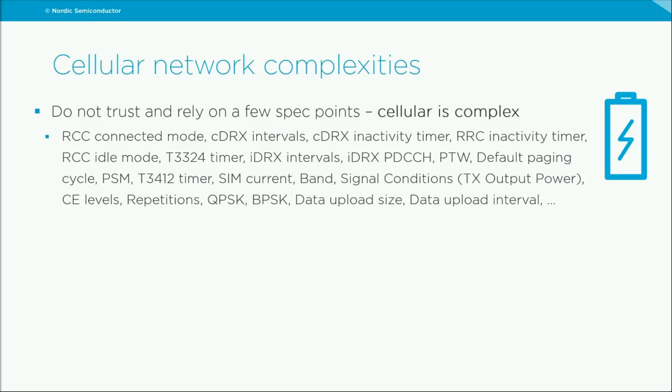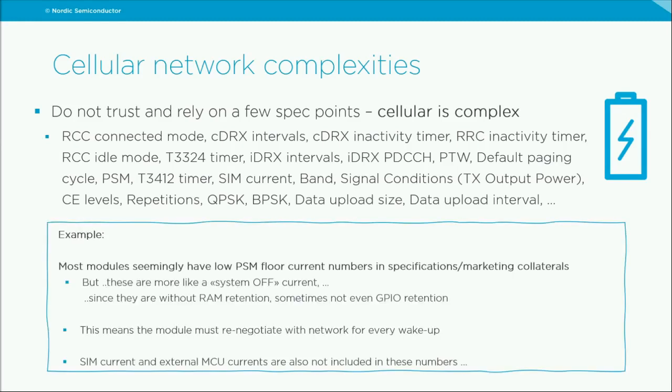Just to name a few, we have the RC connected mode, CDRX intervals, CDRX inactivity timer, idle mode. We have a lot of things that affect, of course, the signal conditions, the bands you're on, and of course the repetitions you can get if you have a bad connection.